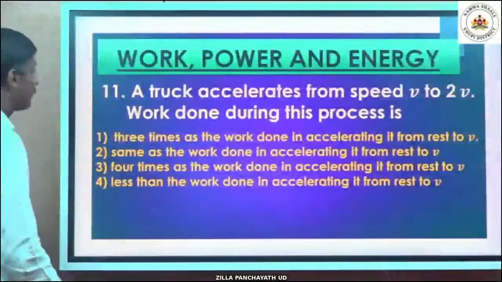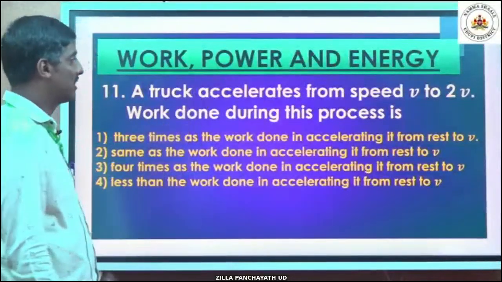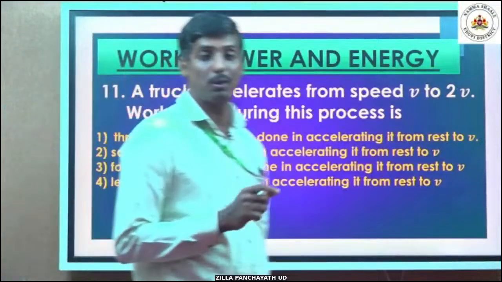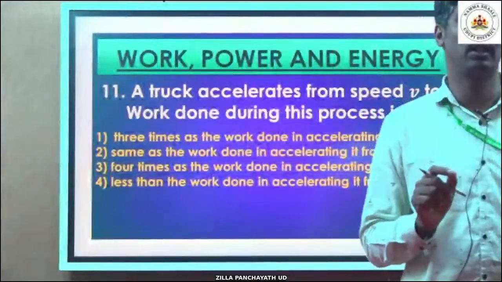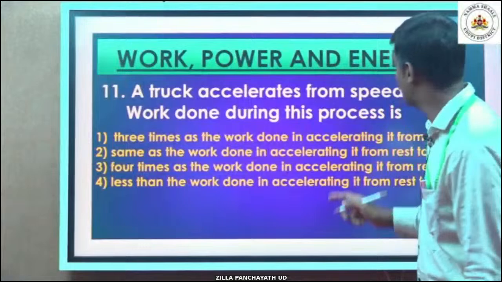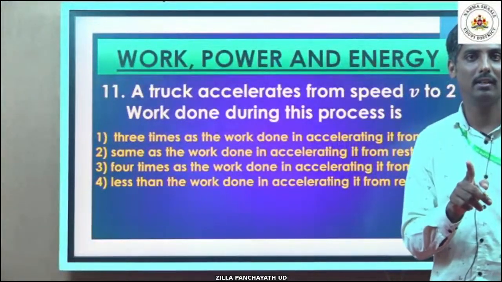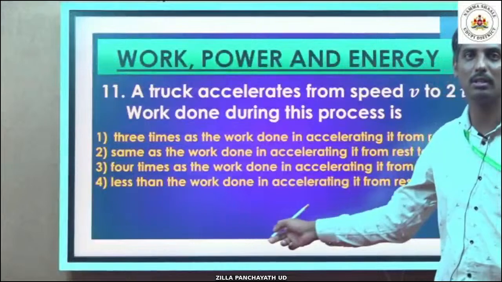A truck accelerates from the speed v to 2v. Work done during this process is... Look, I am talking about work done here, students. It accelerates from v to 2v, so I am talking about speed. So which equation? Again we go to the same work energy theorem.